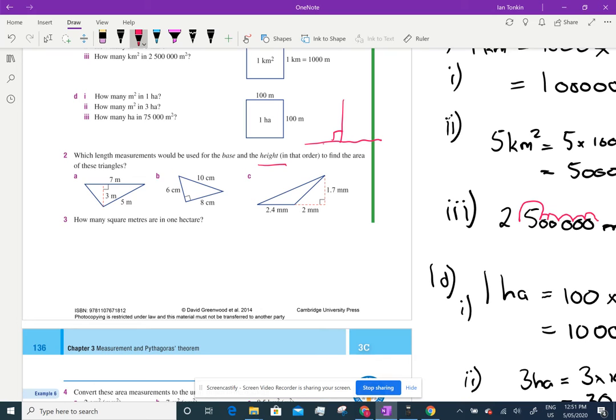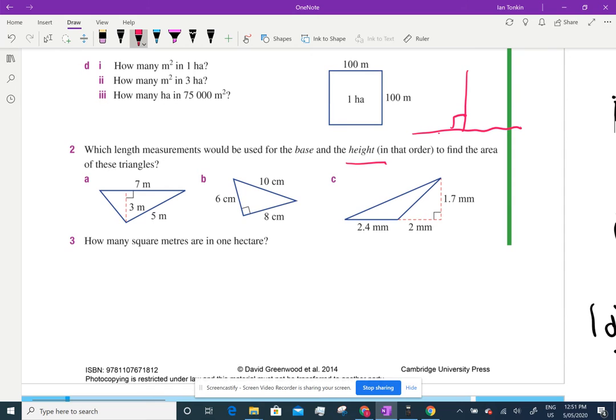Now, it doesn't matter which one you call the base and which one you call the height because you're going to be multiplying them together. But let's just go through these. It doesn't matter that this is up the top. Remember, the base refers to the bottom part of the triangle. You could turn that triangle up the other way, and you could draw it like this.